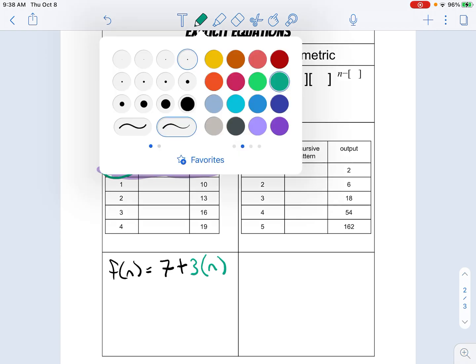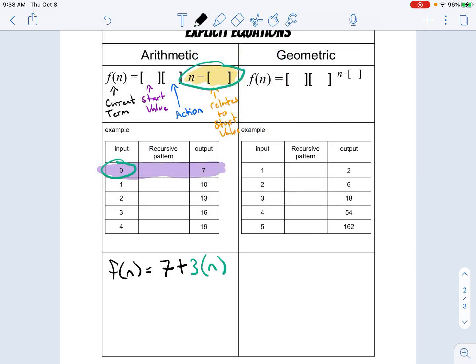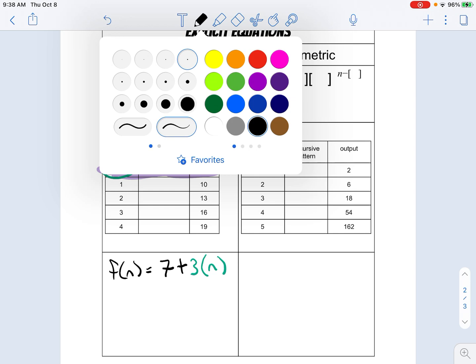Okay. So the same thing over here. This is the current term I'm looking for, or sorry, the output. It's not current term, that's recursive. Our output. Okay, and this is going to be our start value.